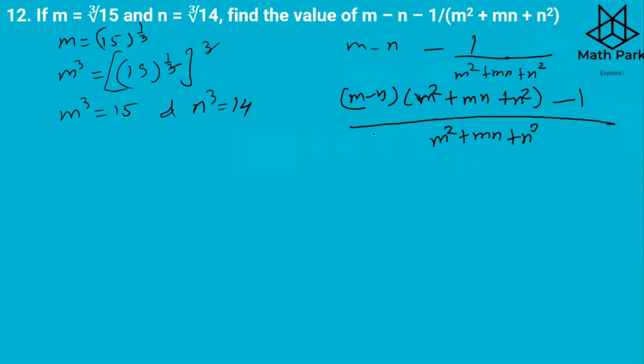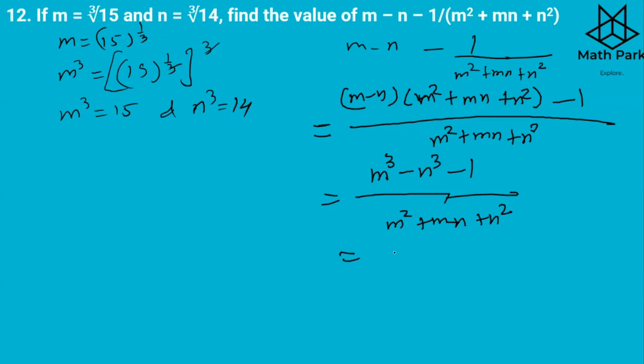Children, observe this carefully. A minus b into a square plus ab plus b square. You have an identity here. So this is nothing but m cube minus n cube and minus 1 upon, let us write the denominator as, which is m square plus mn plus n square. Now what is the value of m cube that we have found out?